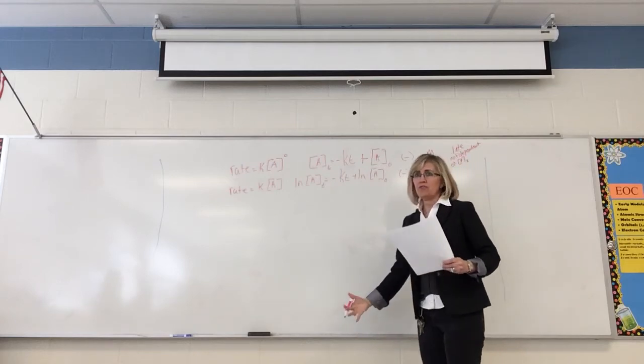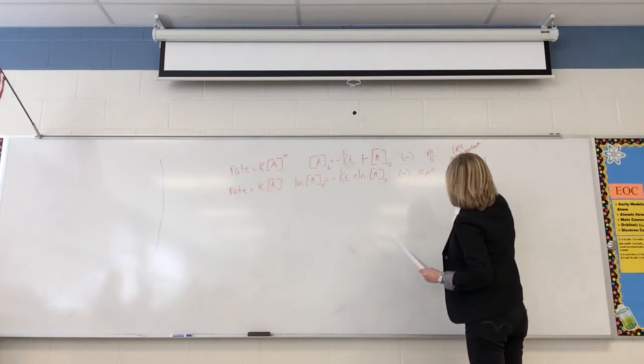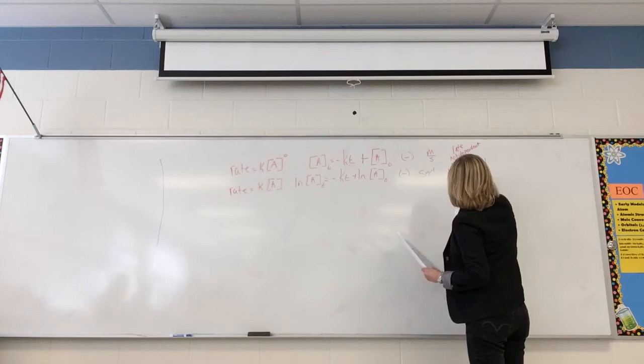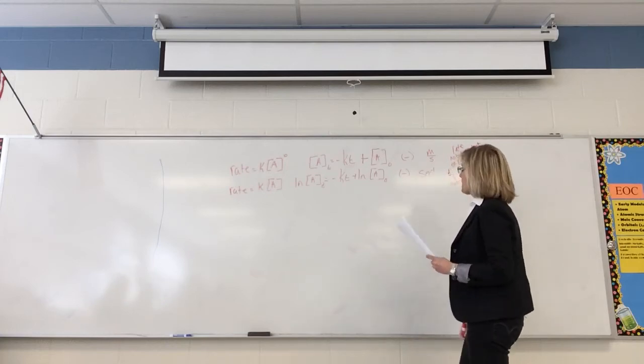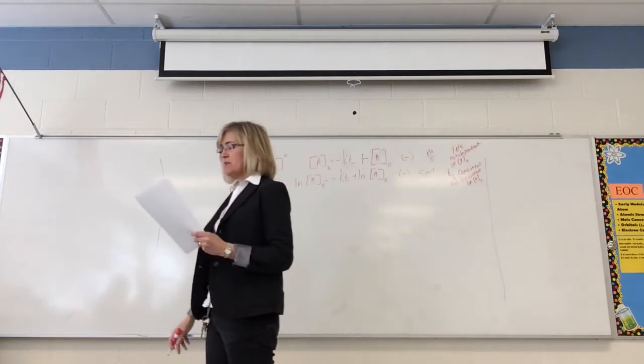And then what is unique about a first order reaction is the half-life. It is consistent and not dependent on initial concentration. Oops, I forgot the half-life column, didn't I?